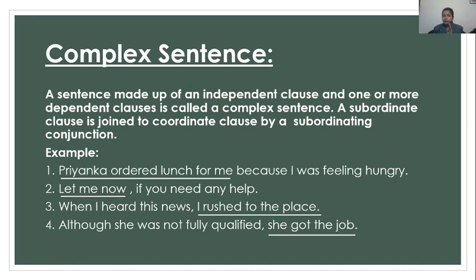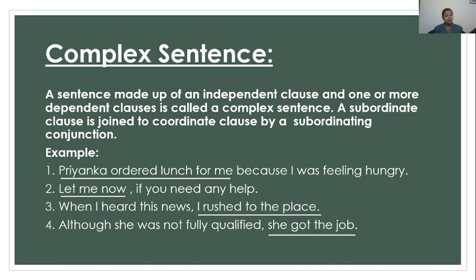A dependent clause always starts with a linking word, with a conjunction. The clause starting with a conjunction is always a dependent clause, like because, if, when, although. They are the linking words that begin the dependent clause.